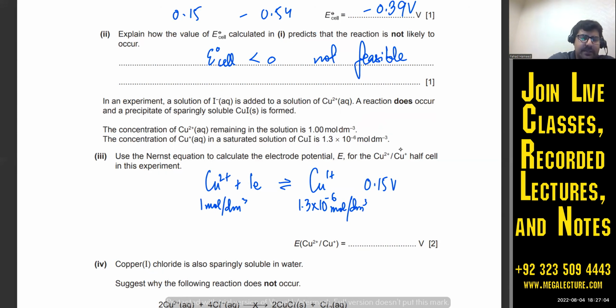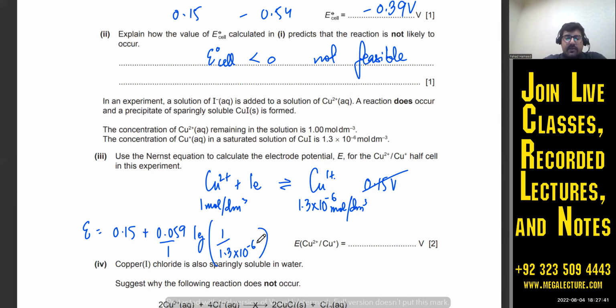What is the Nernst equation? You have to find the new potential because this one is the wrong potential. This is the standard potential. So I have to find out the new potential. The new potential would be the old potential E naught plus 0.059 divided by Z, which is the number of electrons, times log of oxidized species, which is the one on the left side, so that's 1 mole per dm cube, divided by the reduced species, which is the one on the right side, that's 1.3 times 10 power minus 6.